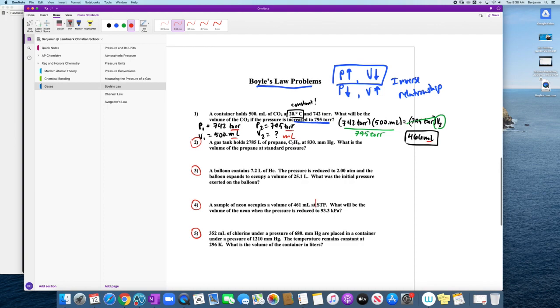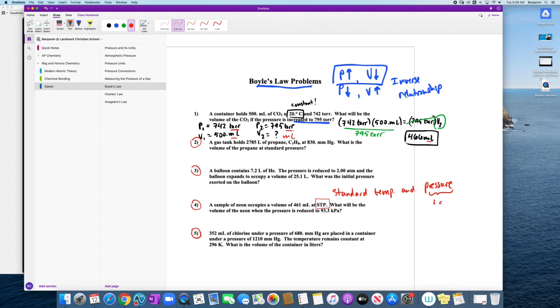There's something mentioned called STP. STP stands for standard temperature and pressure. Standard temp and pressure. And for gases, standard temperature and pressure, the pressure is easy to remember.